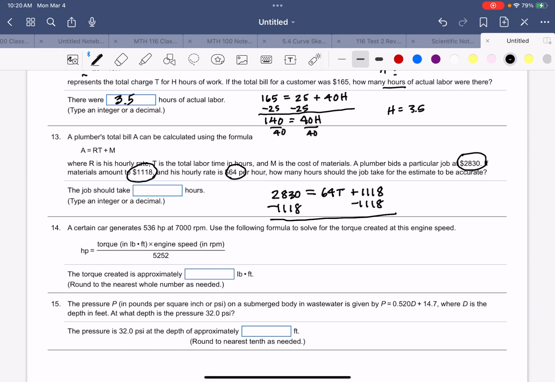So 728.30 minus 111.18 is 1712 is 64T. And now since that's multiplication, we have to divide by 64 on both sides. 1712 divided by 64 is 26.75. So he expects to spend 26.75 hours on the job.